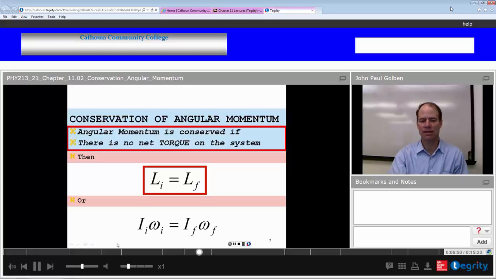That would mean our initial moment of inertia times our initial angular velocity would equal our final moment of inertia times our final angular velocity. In these cases, it's sometimes more easily done to change your moment of inertia and hence change your angular velocity if your angular momentum is conserved.